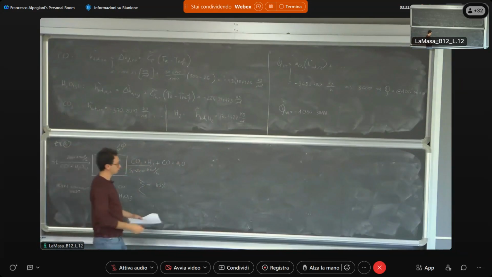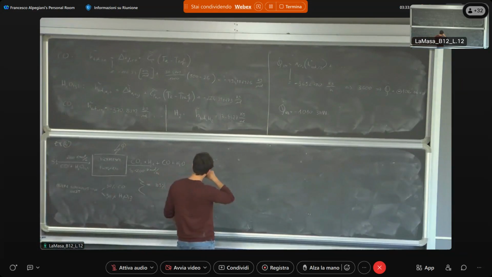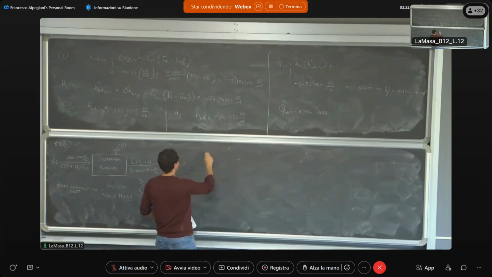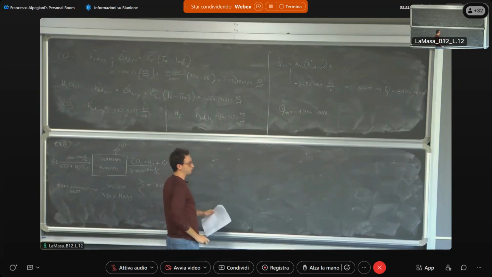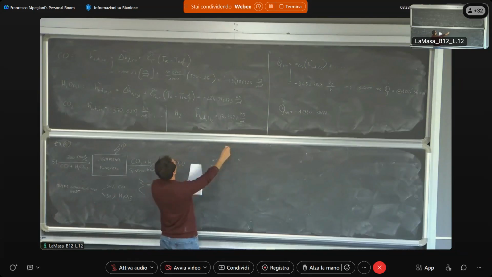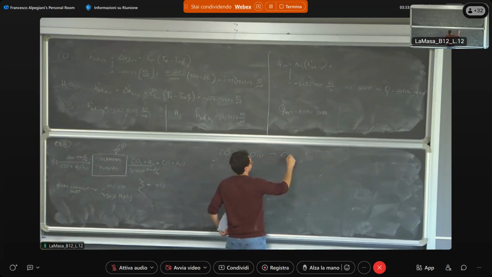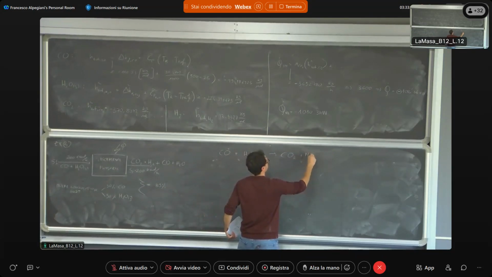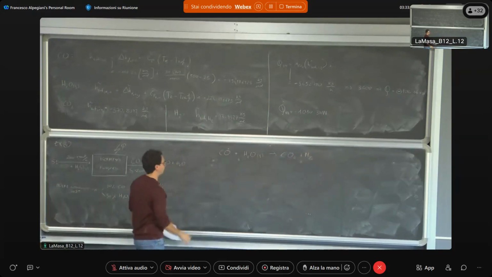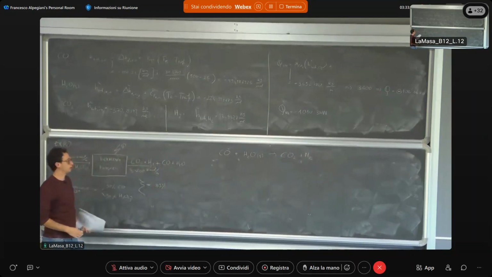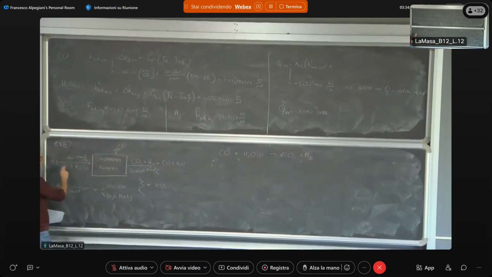So essentially, since only 85% of CO converts, let's rewrite CO plus H2O gives CO2 plus hydrogen. Since you always have at the inlet 200 kilomoles per hour of this gas.